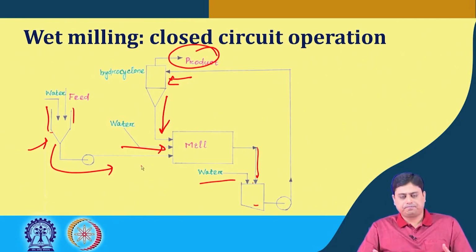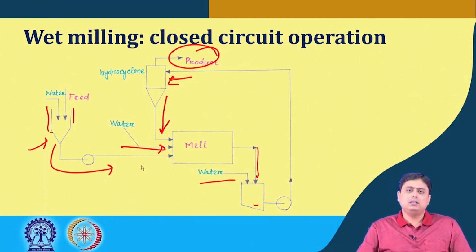In open loop cases, you have control only on the residence time, that is the feed rate, which controls the residence time, and this in turn results in size variation of the product. But in closed circuit operation, the oversized products always go back to the loop and mix with the fresh feed. So you have better control on the mean size of the product and the size distribution of the product.